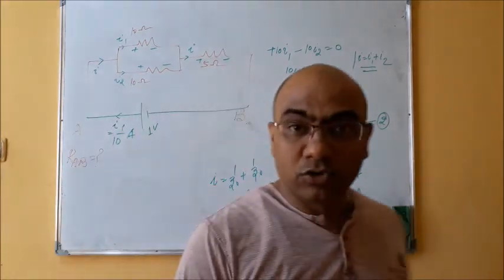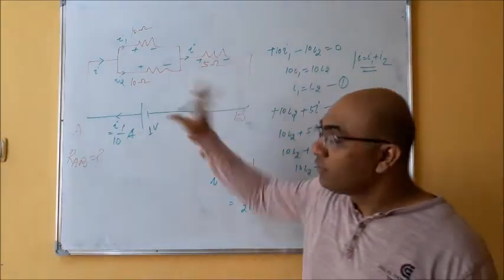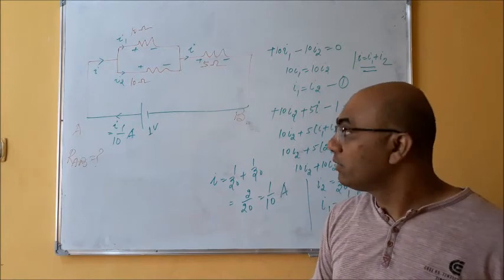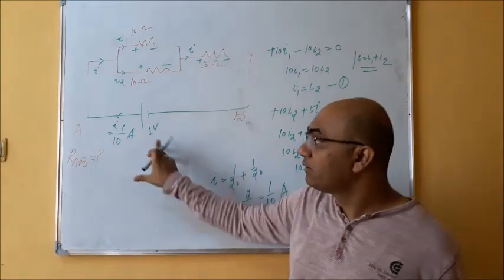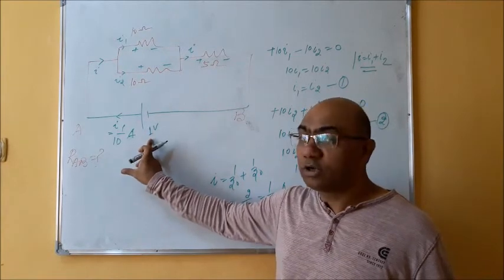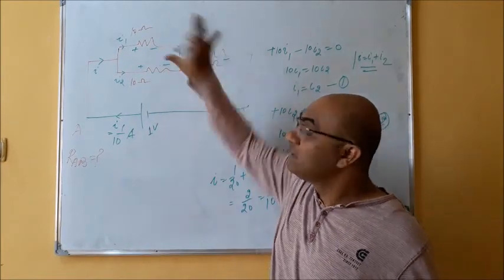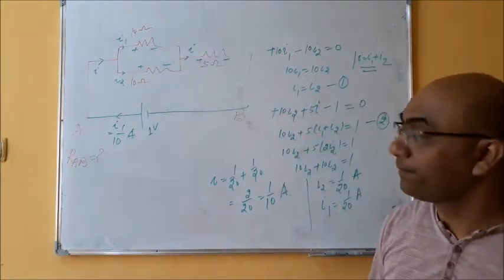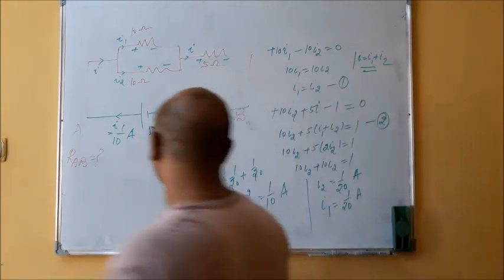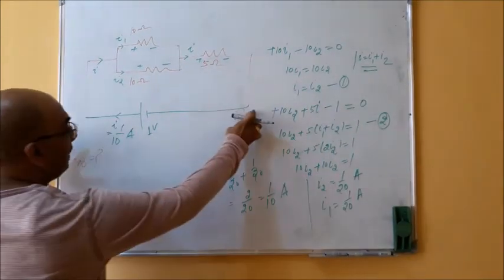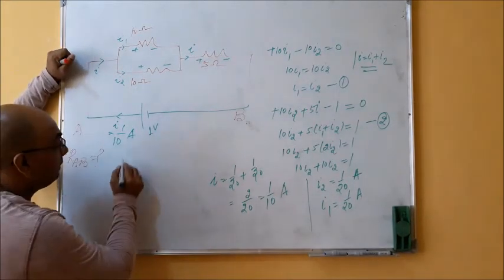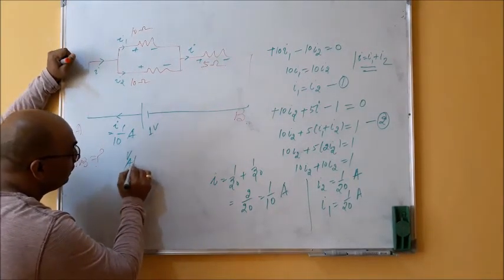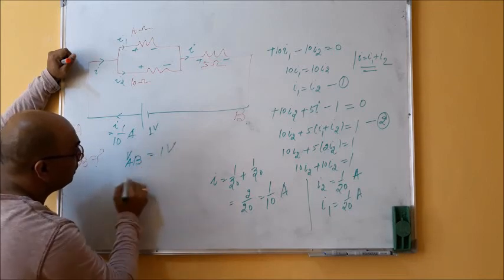So simply by solving this circuit, we can find the current flowing from this voltage source. Now you see, between A and B, the voltage is 1 volt.